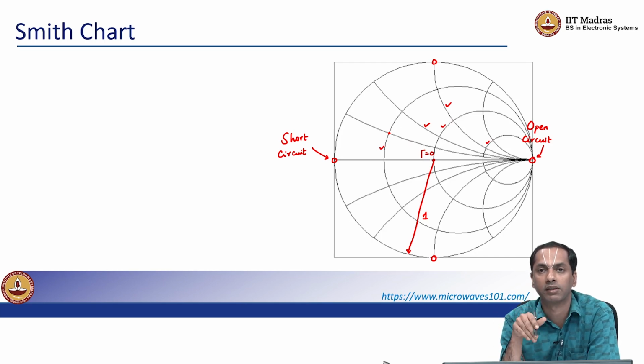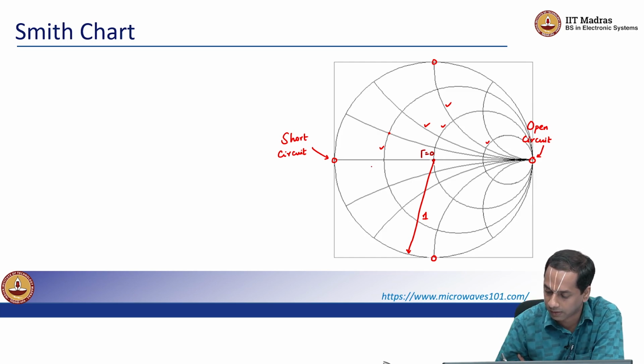So vertical lines in the z plane map to these circles, and the radius of these circles tells you what the resistance is, right. So you have lower resistances.